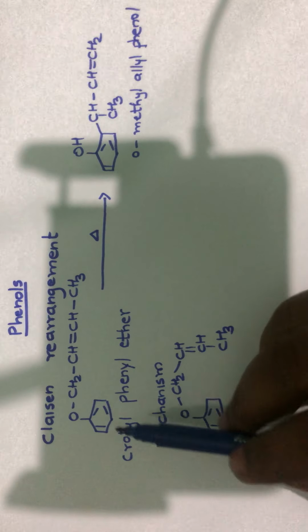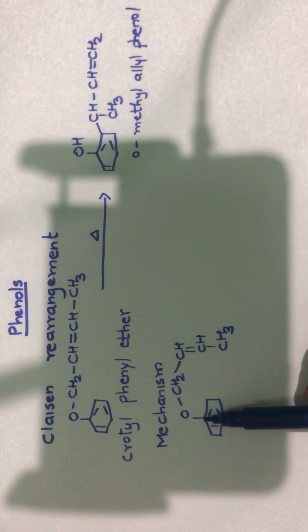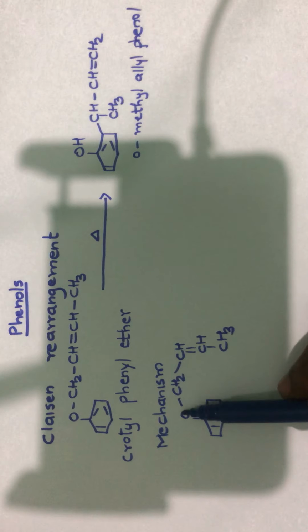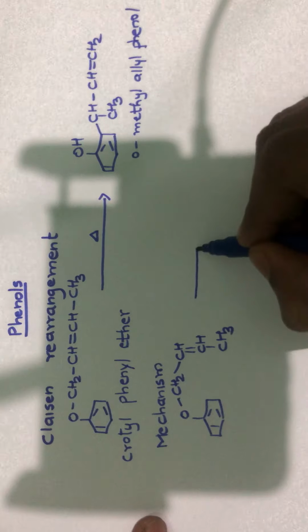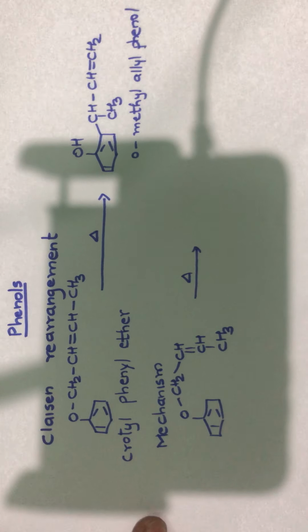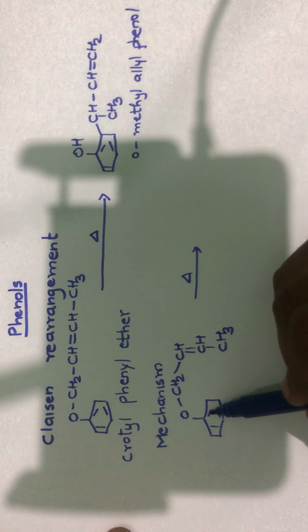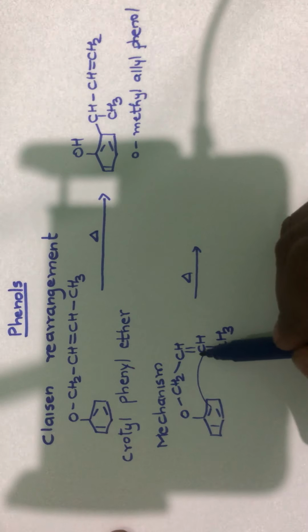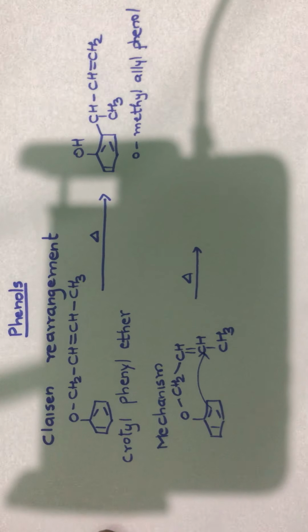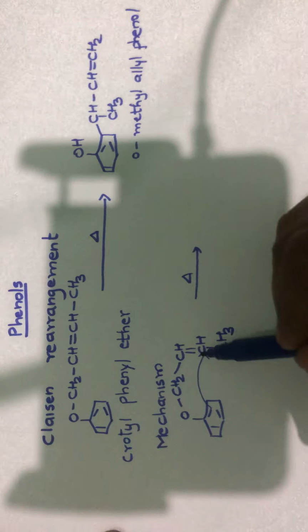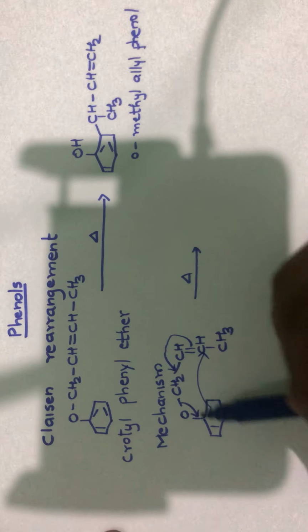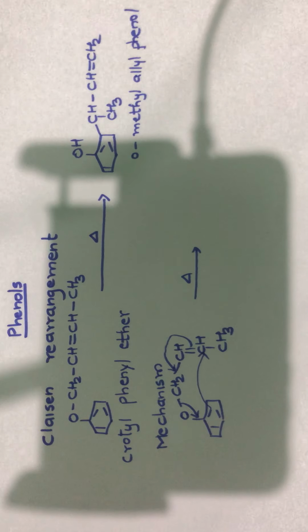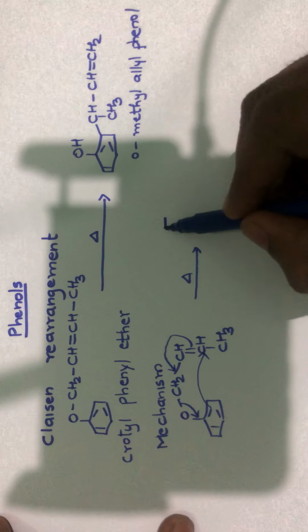This molecule only, with the ether carbon-oxygen-carbon bond. When it is heated, what happens is here, these electrons attack here, this double bond moves here, and the bond breaks. So what you get is this compound.